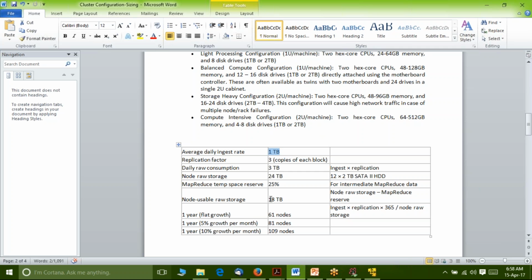So if 18 TB on each node, how many nodes do we require in a year? How many nodes do we require, friends? 365 into 18? Why do you require 365 into 18?